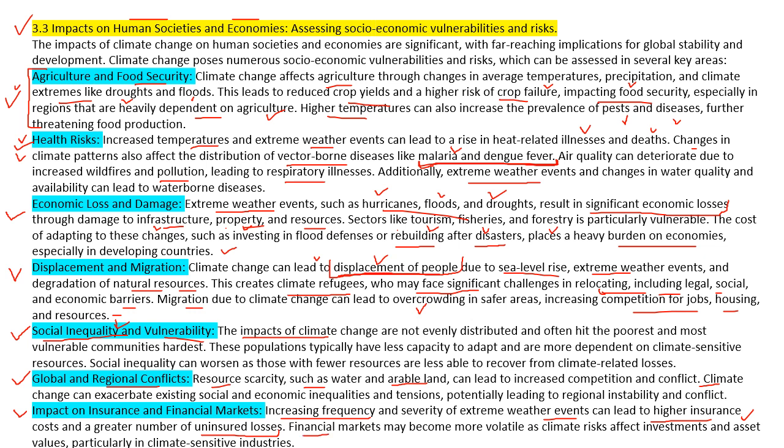So the financial market will also be more volatile due to the climate risk, and it will affect investment. So this was all about climate change, the trend, the impact on biodiversity, and the impact on human societies.